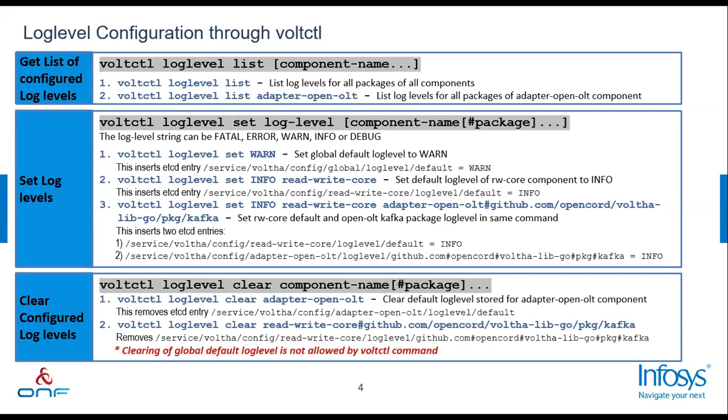It is not allowed by the VoltCTL command. If we do it, it will throw an error. It has been done so that there is at least one default log level available, because in the order of precedence it is the bare minimum denominator, and that we don't allow to be removed.